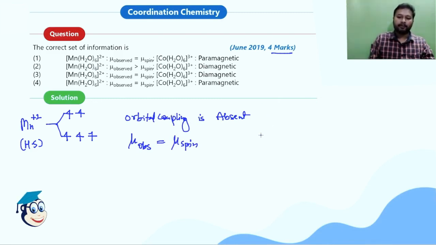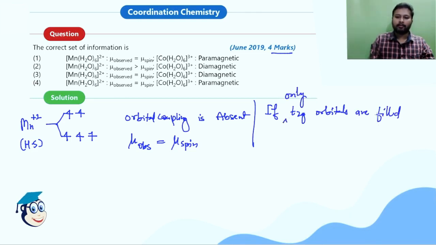Remember, if only T2g orbitals are filled, or if T2g orbitals are asymmetrically filled, then there will be orbital contribution, and in that case the observed magnetic moment will be more than the spin magnetic moment.